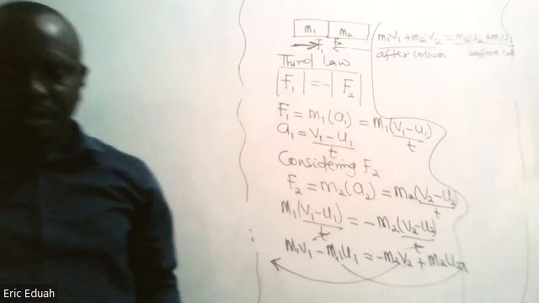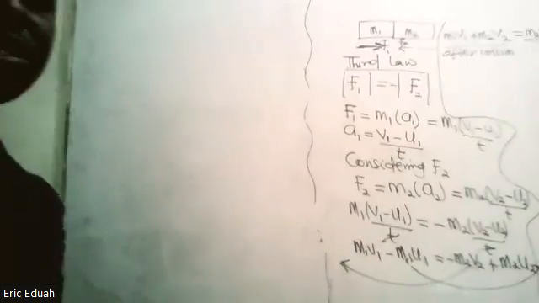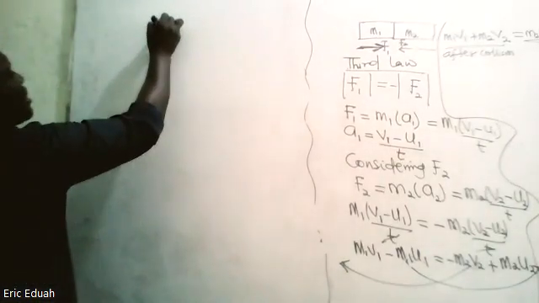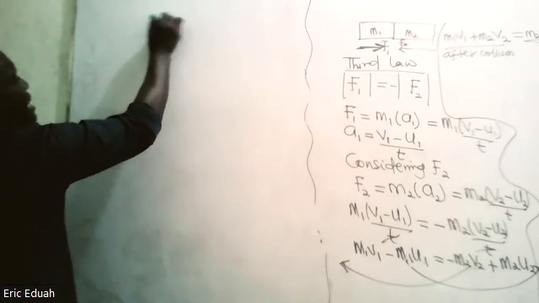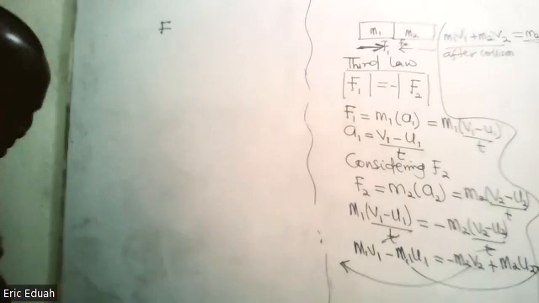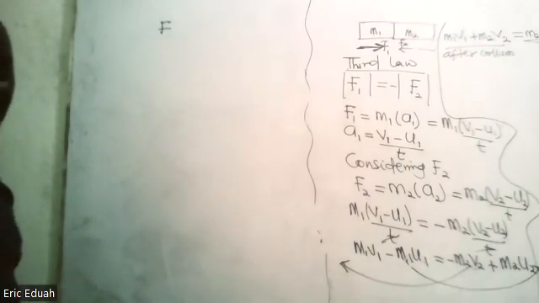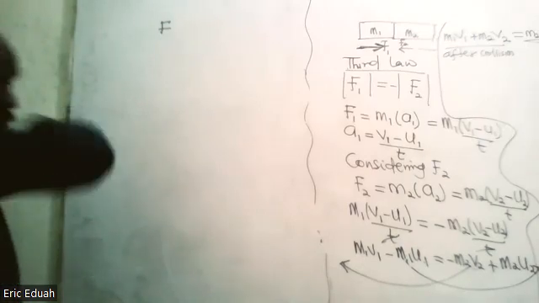Yes, please. We can also use Newton's second law. Here we use the third law. What does Newton's second law of motion say? It is saying that in the absence of external force, or in an isolated system, the rate of change of momentum is always conserved.